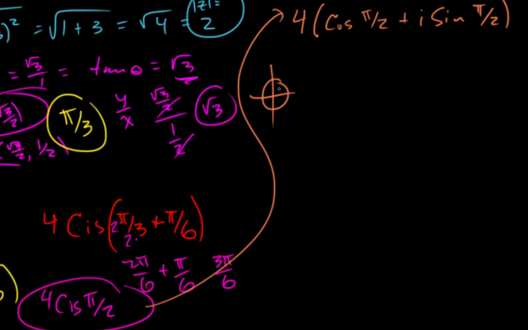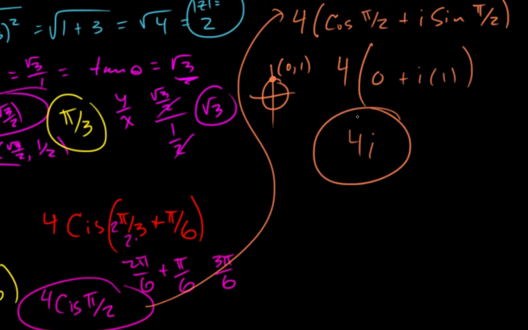If we look at this, pi halves is right here. This is 0, 1. So we get 4 times cosine goes to 0, sine goes to 1. So we end up with 4i when we simplify that. Okay, part C, illustrate what has happened on an Argand diagram.